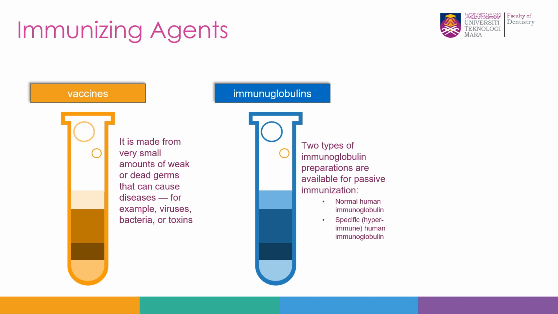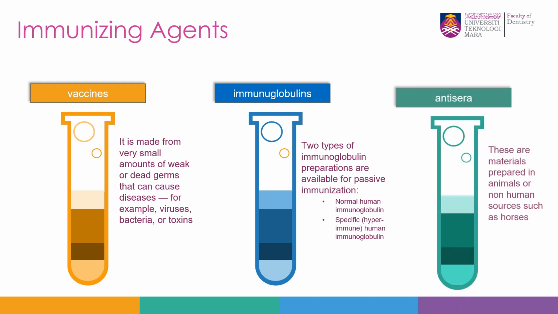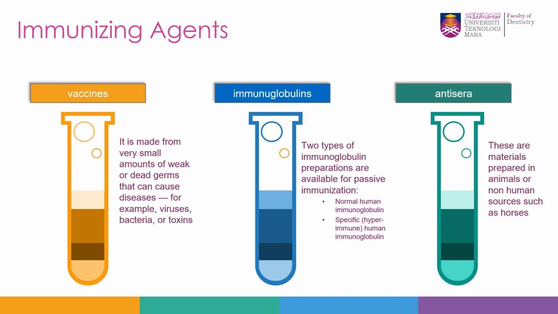But there is another one, immunoglobulins. Two types of immunoglobulin preparations are available for passive immunization, coming from the normal human immunoglobulin or the specific human immunoglobulin, which is called hyperimmune. The third one is anti-sera, which are materials prepared in animals or non-human sources such as horses.